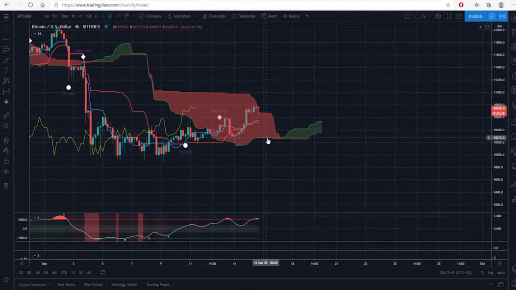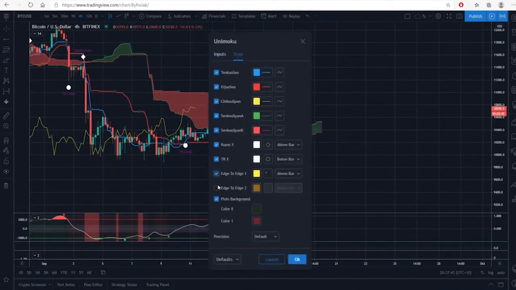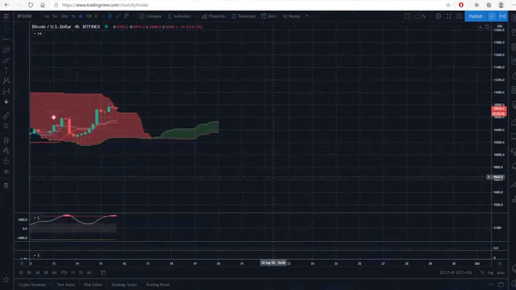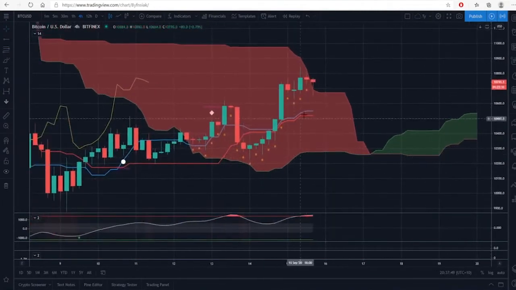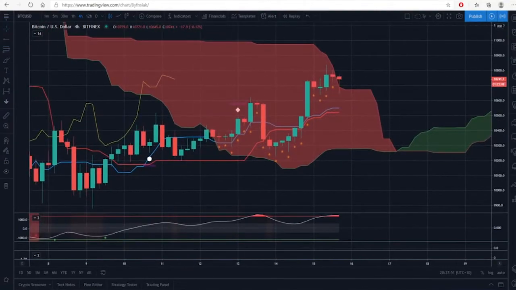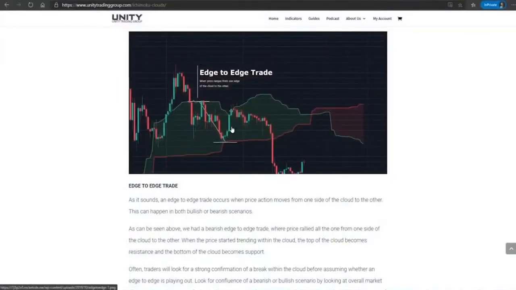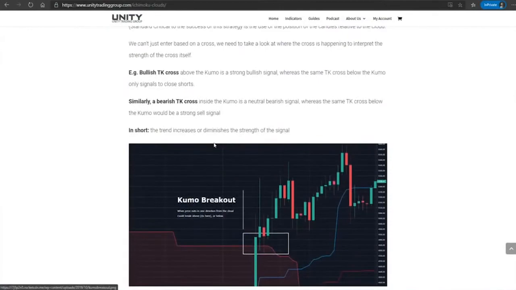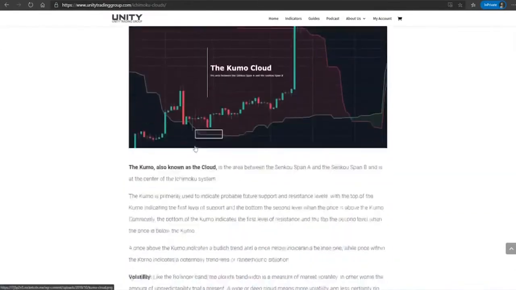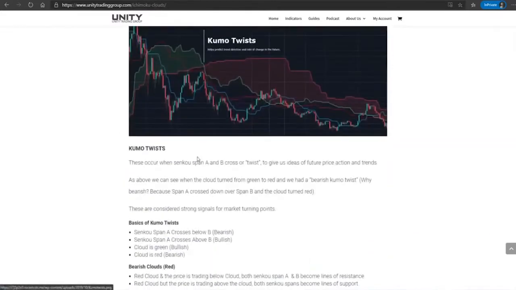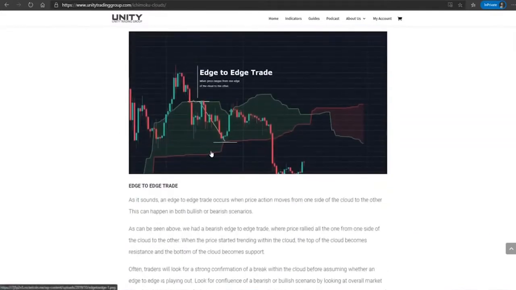And of course, on this as well, we have an edge-to-edge indicator, being these yellow dots here that indicate an edge-to-edge trade. So like we've indicated here, we talk about edge-to-edge trades, and it's a very simple explanation.